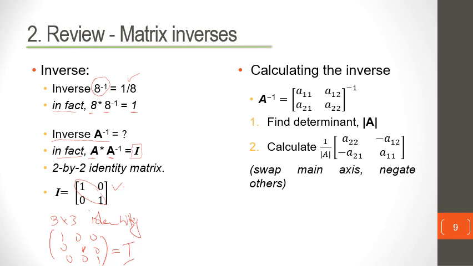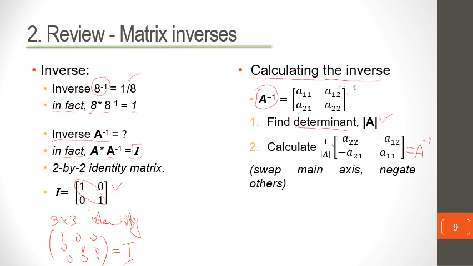So the way we calculate the inverse, if we have a matrix A to the power -1, with the matrix A11, A12, A21, A22, is in 2 steps. First, we find the determinant, and then the inverse of A is equal to 1 over the determinant times a new matrix which has been reorganized.